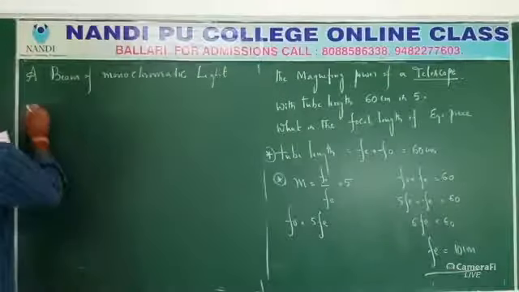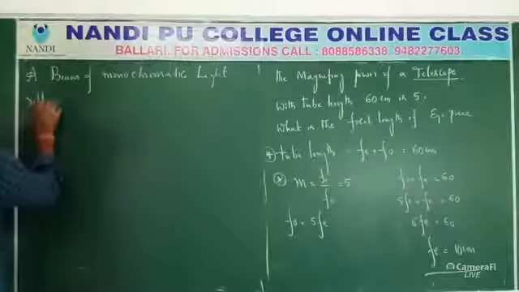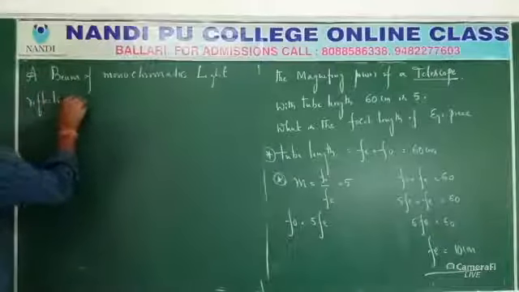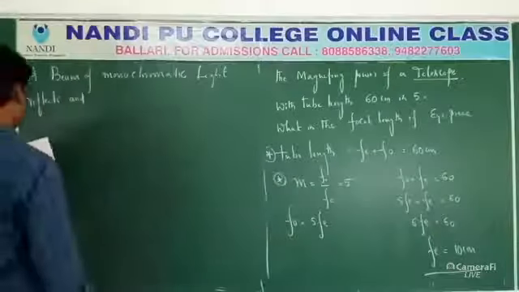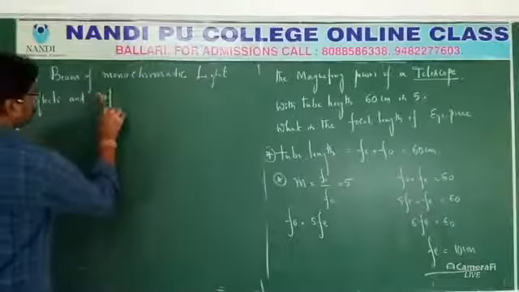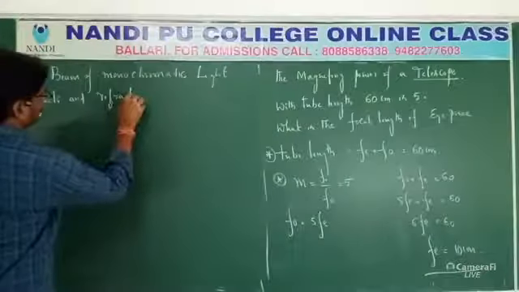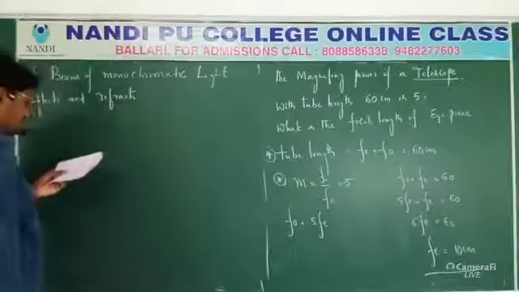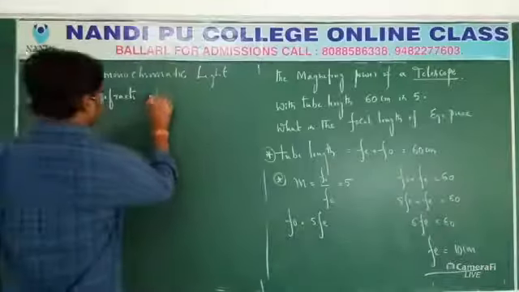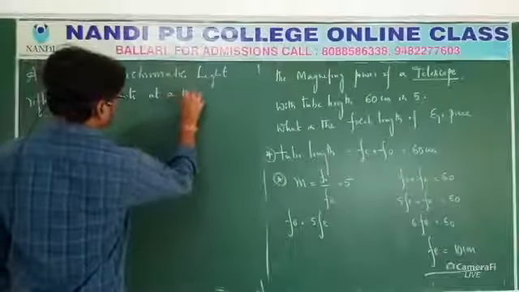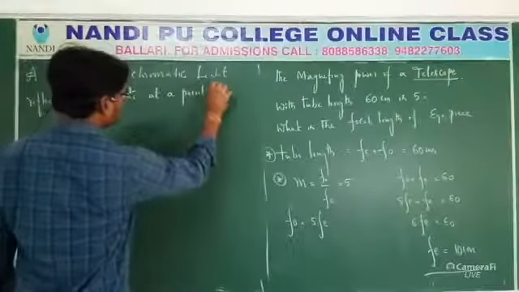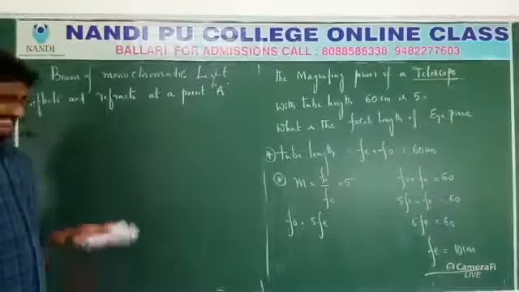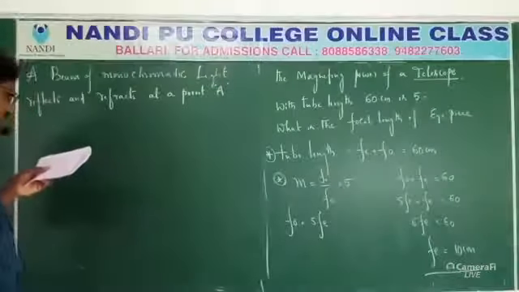Monochromatic light reflects and refracts at a point A, as shown in the diagram.